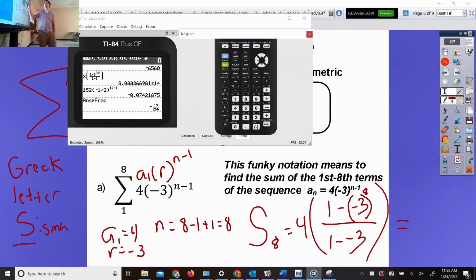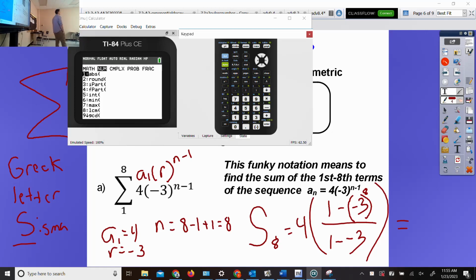There's a 4, then there's a parentheses. How do you pull up that fraction bar? Hit math, which is right underneath that green key. Scrolling right to num. You go up 1. Hold on, give Andy a minute. Are you here yet, Andy?